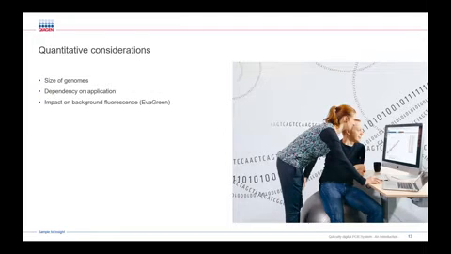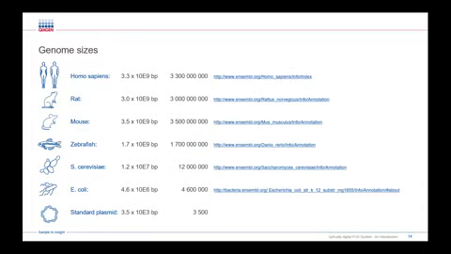I now would like to direct your attention to some quantitative considerations with special emphasis on genome sizes, application dependency, and the type of signal detection. On this slide, I have listed the genome sizes of various frequently studied organisms, including Homo sapiens.